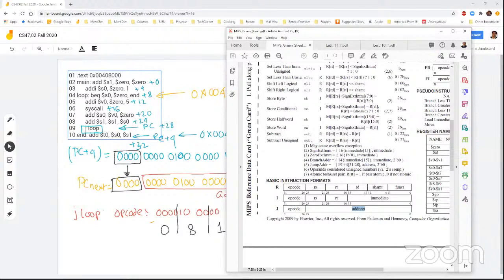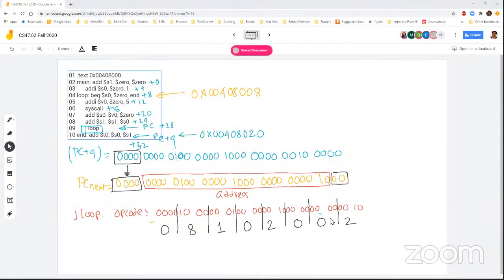Okay, seems correct. So I just group them by 4 and have those converted into hex digit representation.